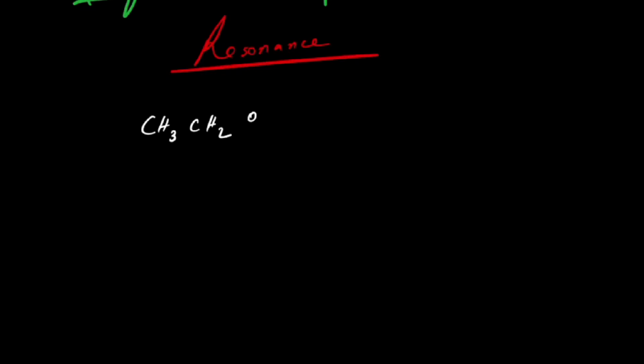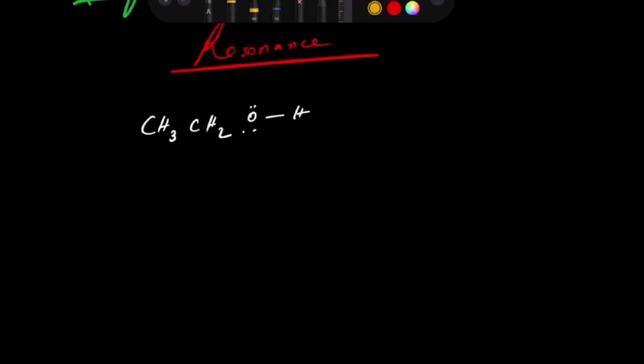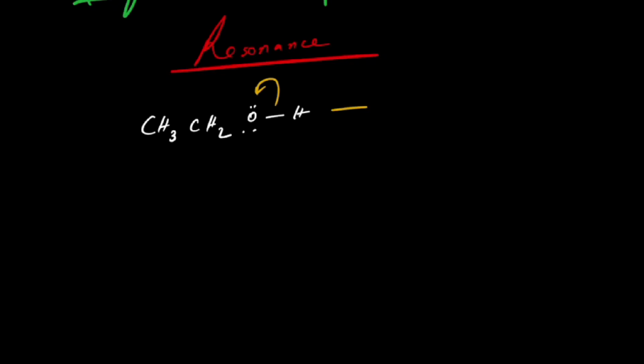I'll just draw the structure like this, OH. So this bond pair can become lone pair. And what do you get? Ethoxide. This is O, and instead of two lone pairs, now we have three lone pairs. That's why we get negative charge plus proton. Now this ethanol is acting like an acid because it is donating a proton.